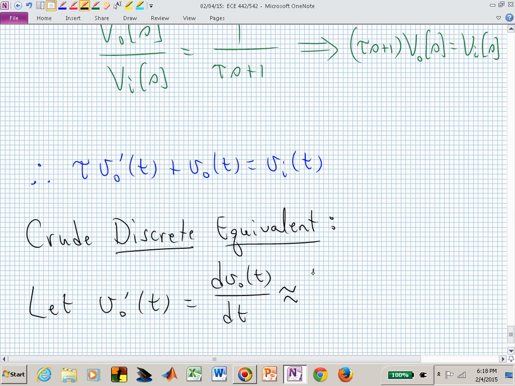Let's say that we will write this as V naught of (n plus 1)T minus V naught of nT, all over (n plus 1)T minus nT.